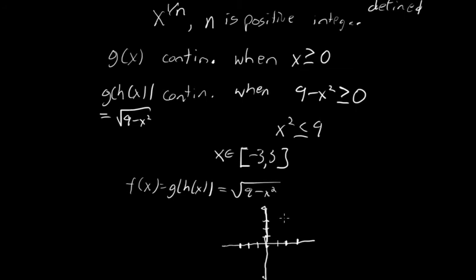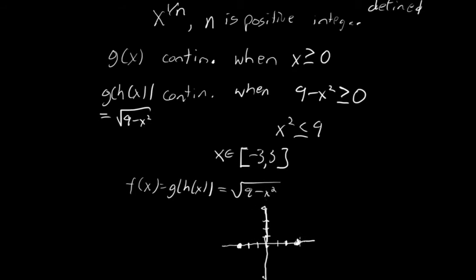So by plugging in some points, we can draw a quick sketch of this. If we plug in -3, we know the square root of 9 minus x squared is 0.